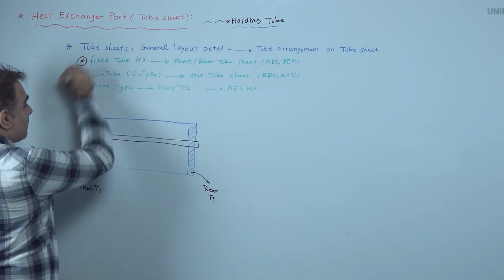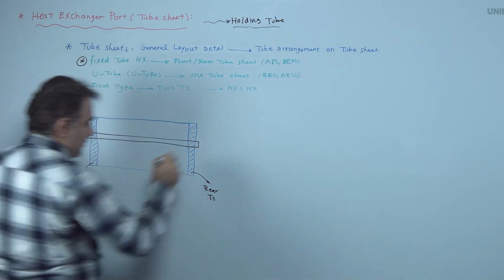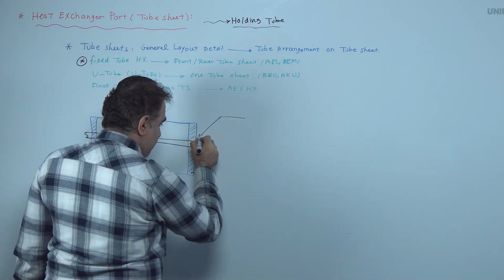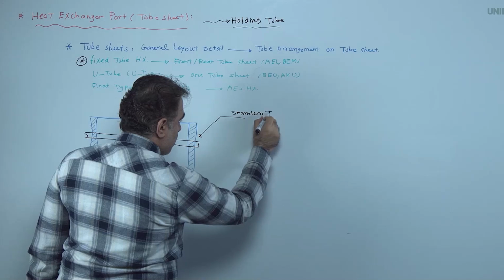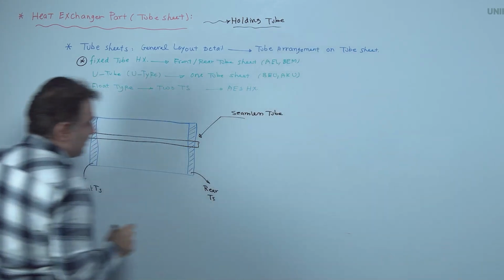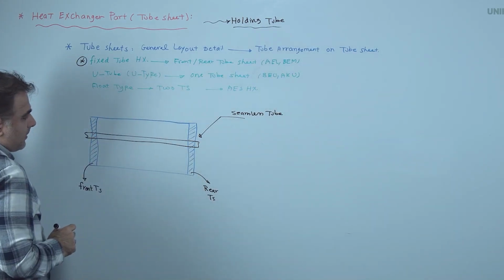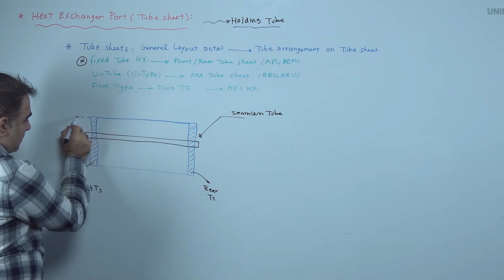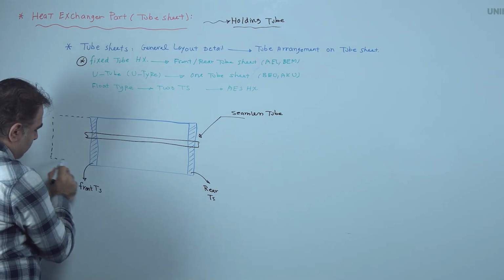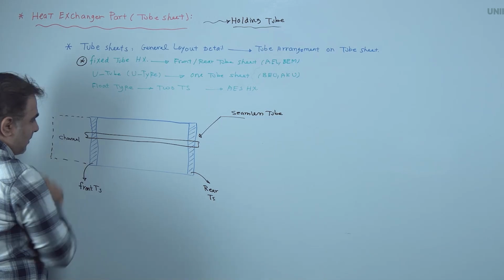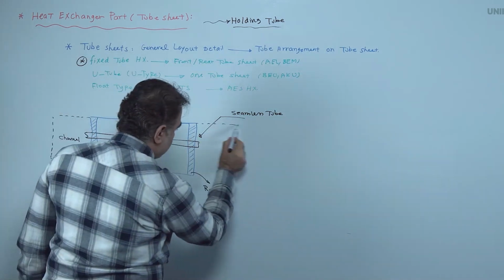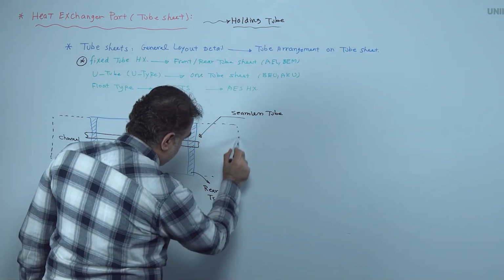For example, we are talking about the fixed tube sheet. This is a seamless tube. This part is the channel part. This part is at the rear side.